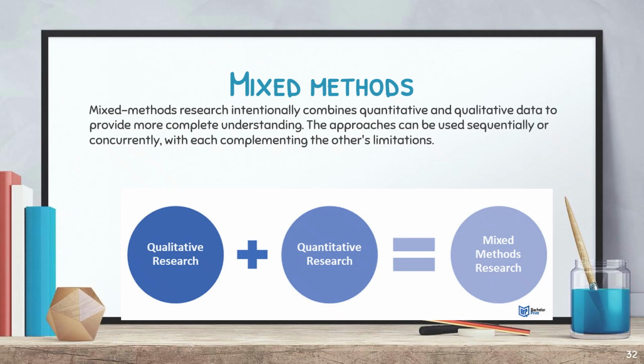But let's go back and review a little bit. Let's think about quantitative research. Those include tests, assessments, close-ended surveys, existing data like grades or standardized test scores, all of those numbers. And then let's flip that and look at qualitative methodology.